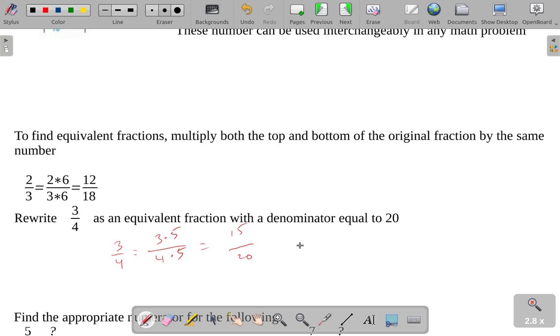Essentially what we're doing here, if you remember back to when I was talking about the beginning of this section, is if we have something divided up into 4 equal parts and I have 3 of these, so I have 3/4. When I'm multiplying both the top and the bottom by 5, essentially I'm subdividing each of these into 5 equal parts individually.